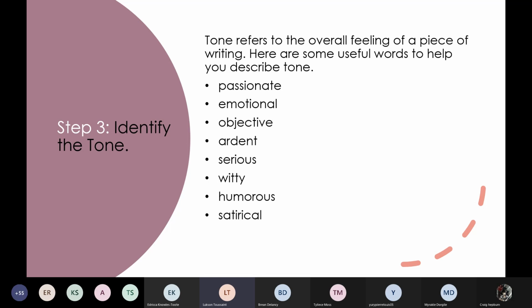So anybody could think of any other adjectives that can be used to describe a persuasive piece of writing? What other potential tones can we come across that is not part of this list, but you can think of? An adjective, anyone?